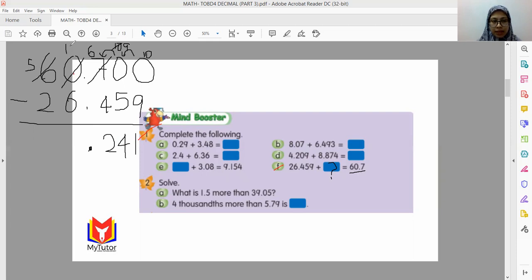So 0 becomes 10. 10 minus 6 becomes 4. Then 5 minus 2 becomes 3. So the answer is 34.241.